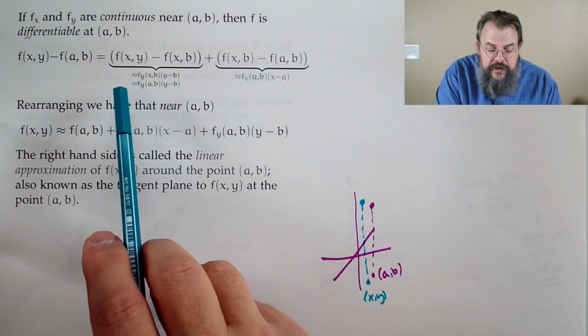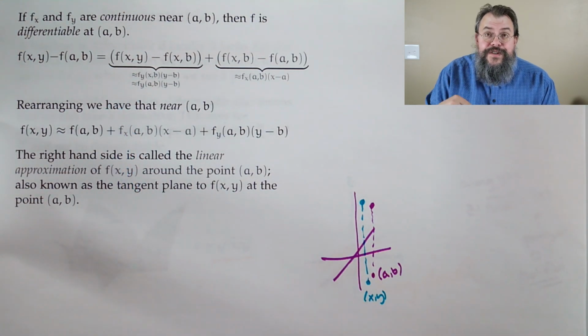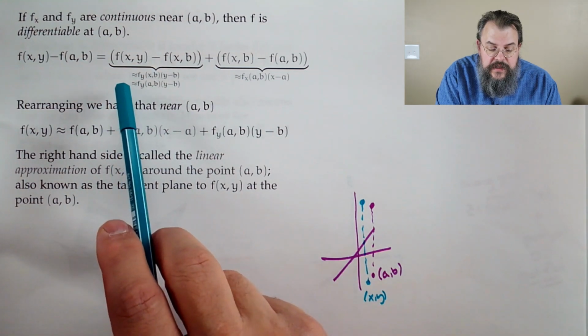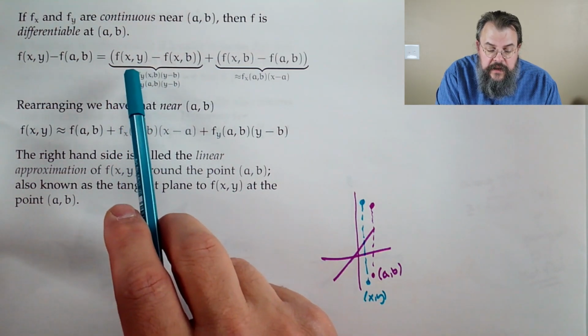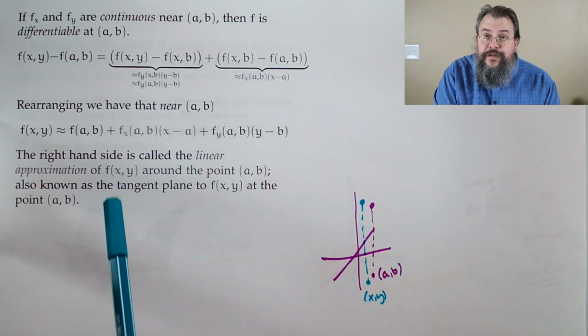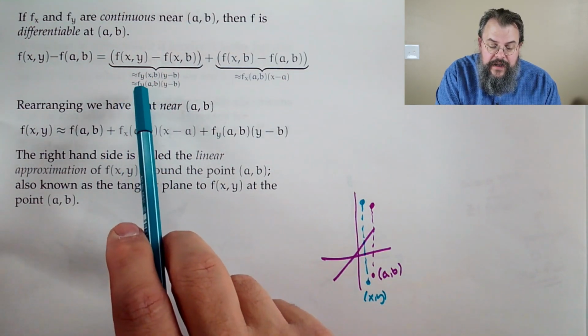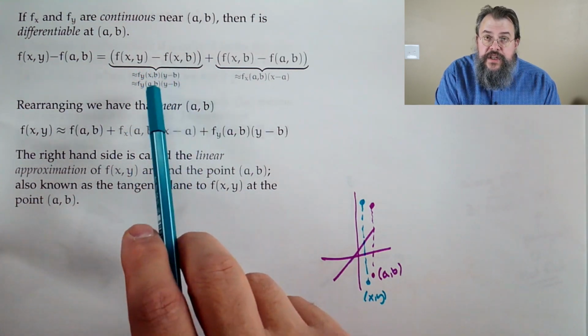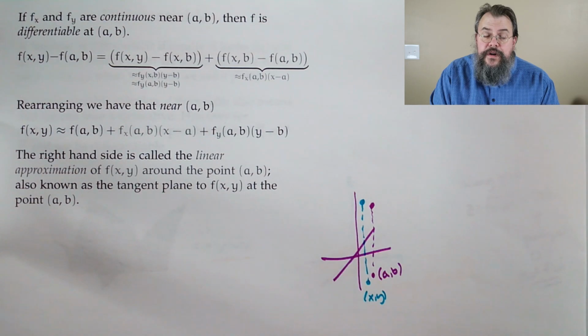A similar thing happens here. There's just a little extra step. We say, okay, now this is f sub y, because we're looking at how y changes in our slice at some x. Okay, f sub y at (x, b), rate of change with respect to y, times the amount of change in the input gives us a change in our output.